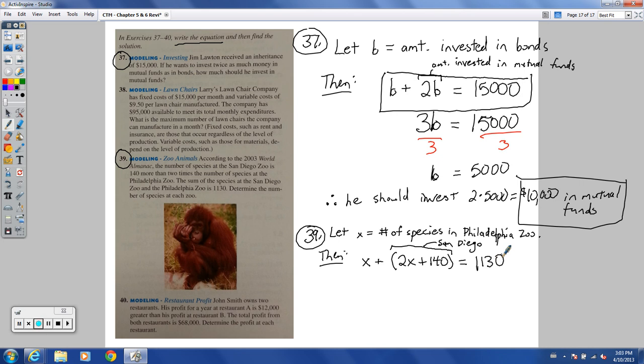So there's our equation. That's our setup. From there, it's a matter of combining like terms. 3x here, x plus 2x, plus 140 is 1130. And then subtract your 140, divide by 3.